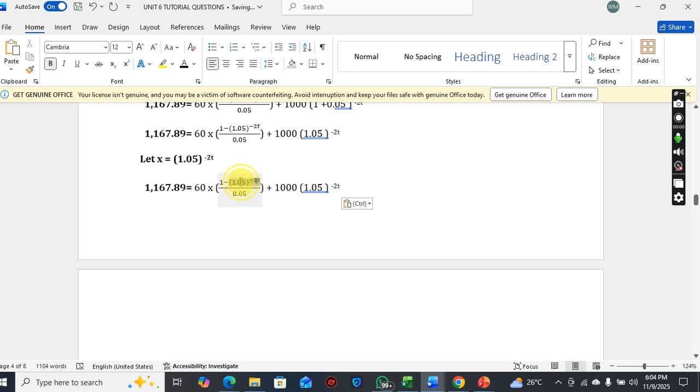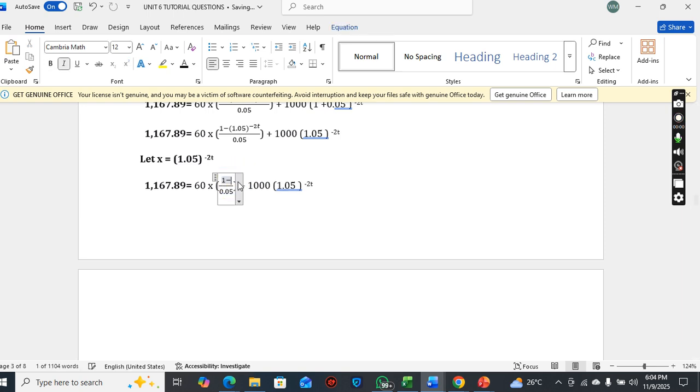Where there's 1.05 to the power negative 2t, you put x. Then here you put x. So we solve, we get the value for x. Once we get the value for x, we'll come back to this and find the value of t.